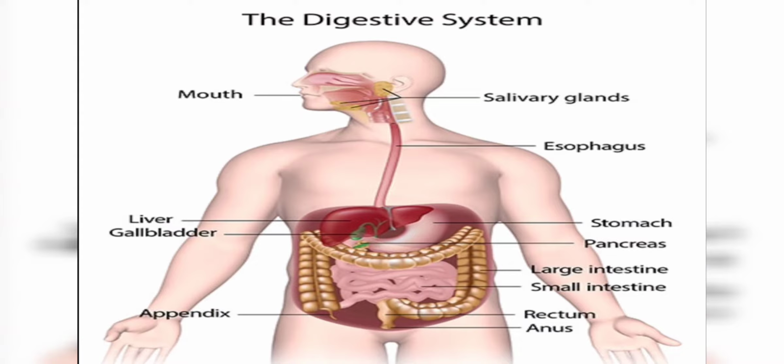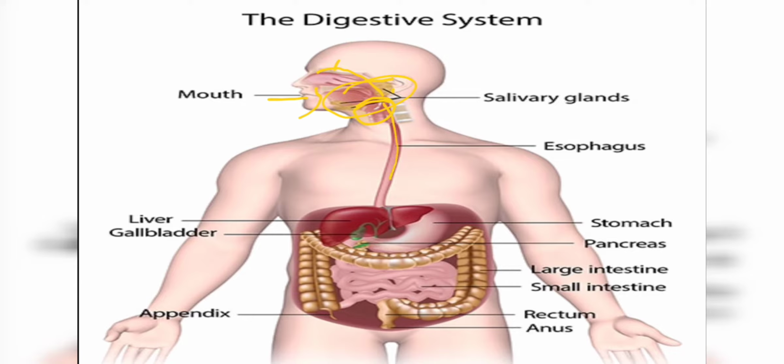First we have to know about the different organs involved in the human digestive system. The different organs are, first, the mouth, from which the food enters into our body. Then the salivary gland, which is present in the mouth and secretes saliva. Then comes the pharynx.